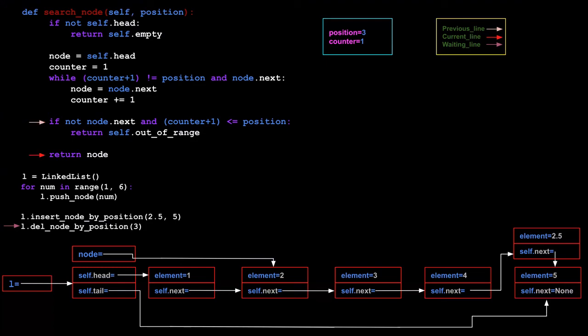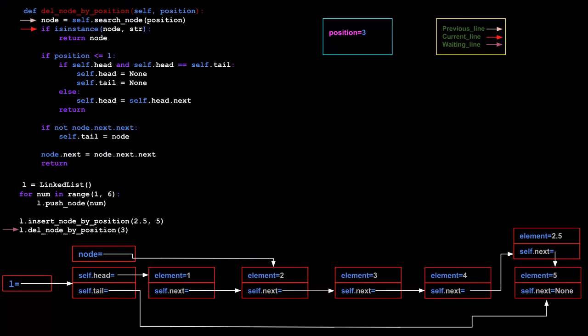So we go to the next line and we return. So all the local variables go away again, and we go back where the search node function was called, which is in this case in the del node by position function. And we continue from that line.